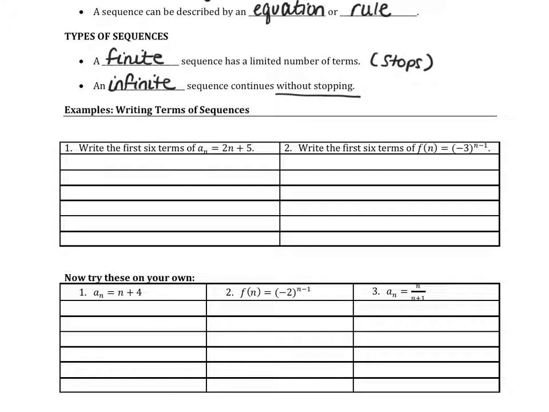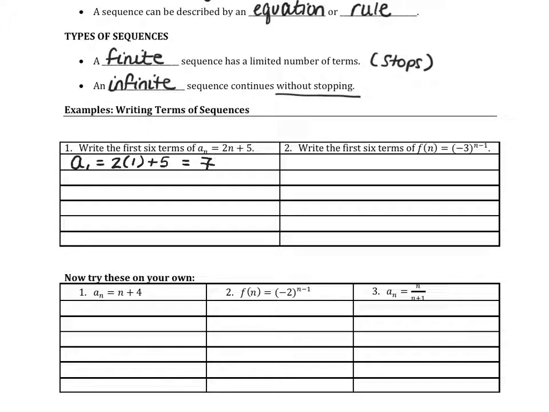So when n is 1, I would take my equation, and in place of n, I'd put a 1. And then you would calculate. 2 times 1 is 2, plus 5 is 7.